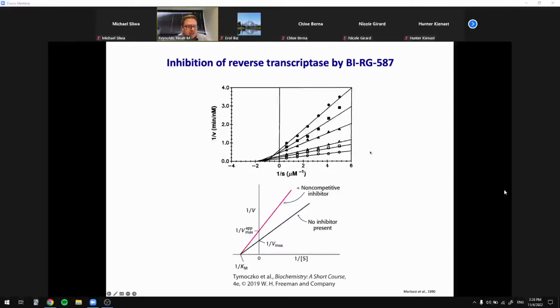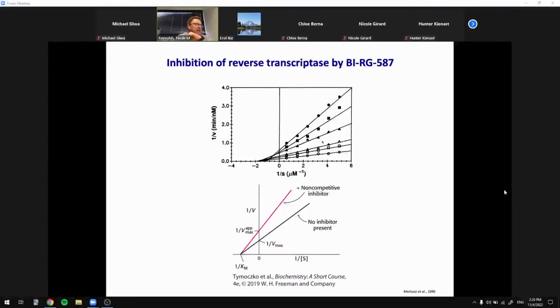One, does it make sense what they did for what I want you to know for the exam? But also two, if you look at this figure they made, does it make sense what they're actually showing? Aren't they basically showing that the Vmax is decreasing, and the y-intercept as a result is increasing, as they increase the BIRG587 concentration?